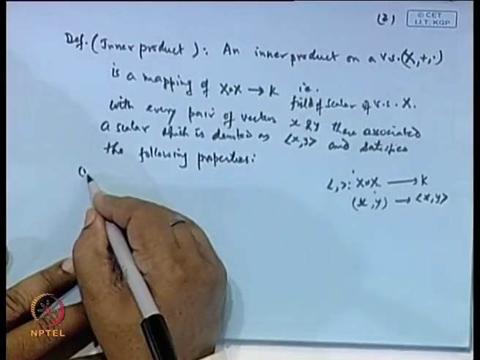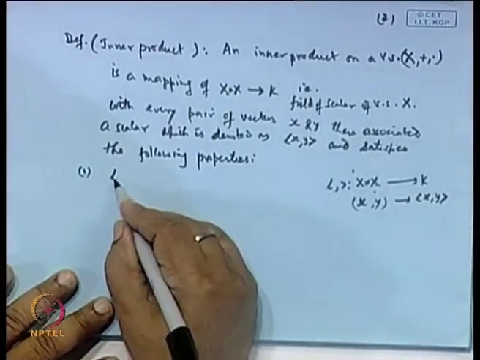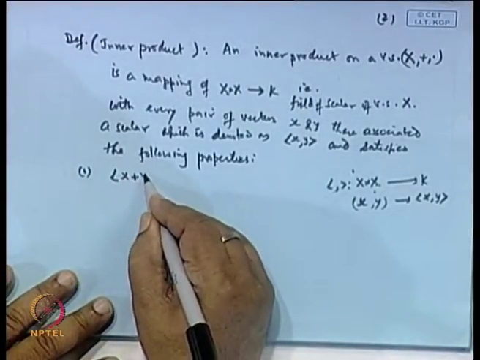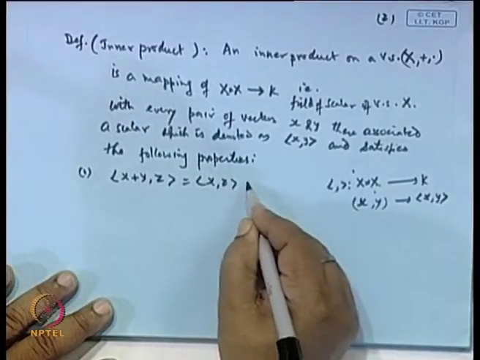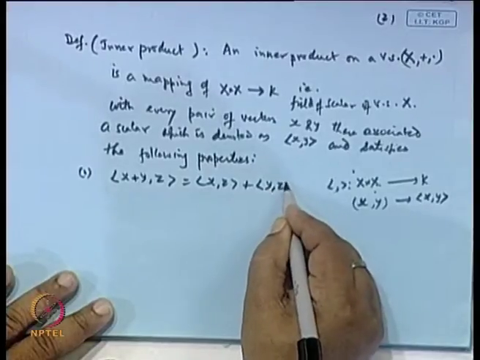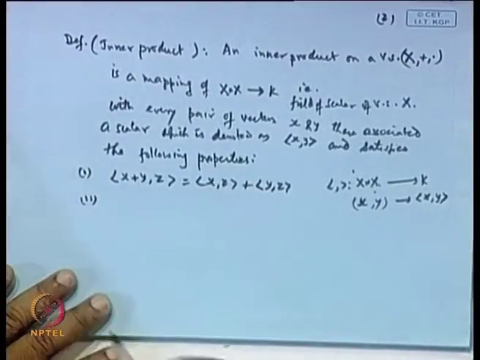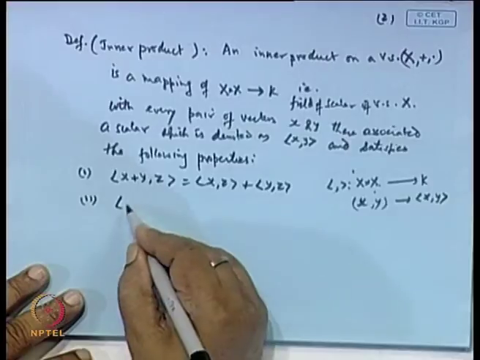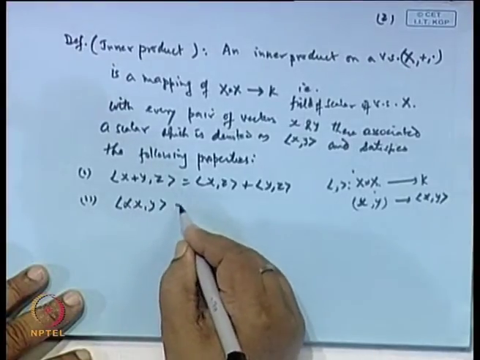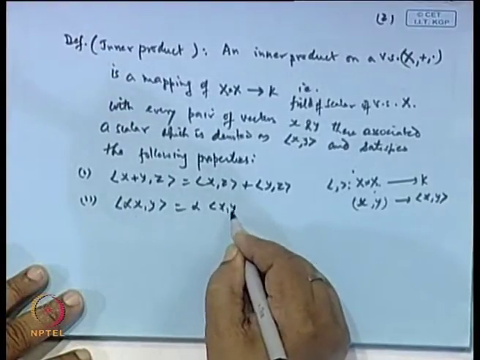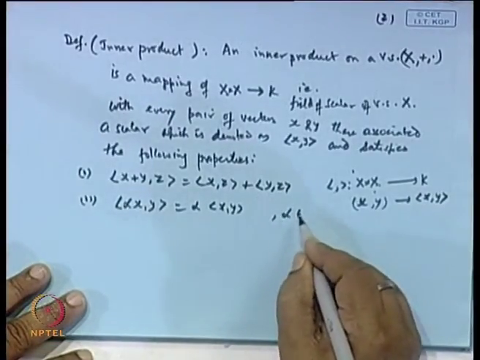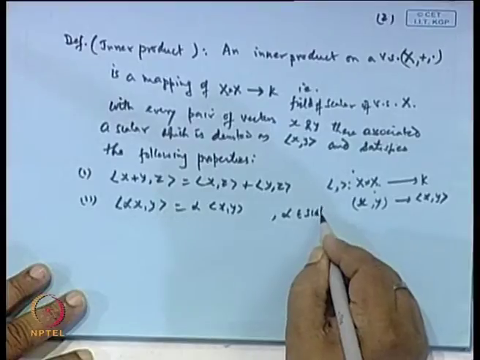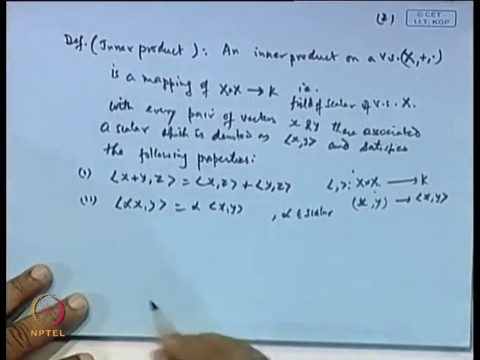Number 1, the inner product (x plus y, z) equals inner product of (x, z) plus inner product of (y, z). Second, the inner product (alpha x, y) is alpha times inner product (x, y), where alpha is a scalar quantity, belongs to the K set.